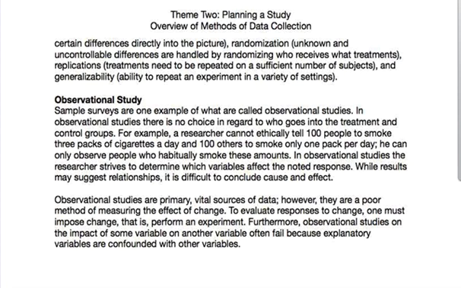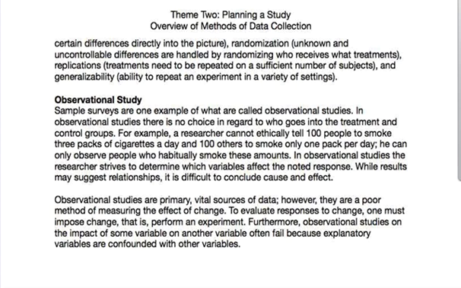You should be able to replicate the process, so treatments need to be repeated on a sufficient number of subjects. And generalizability: you should be able to repeat an experiment in a variety of different settings.